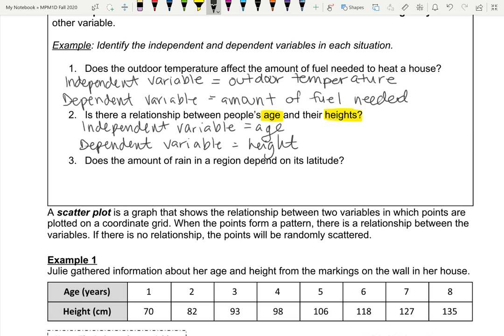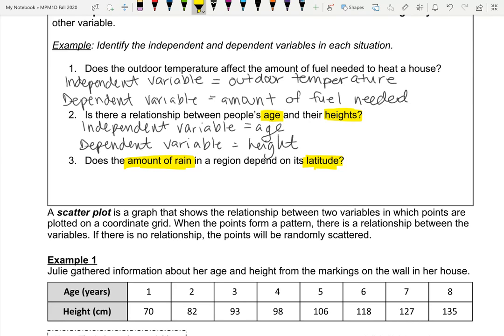Number 3, does the amount of rain in a region depend on its latitude? Okay, so the two variables here are the amount of rain and latitude. So the independent variable here is the latitude.